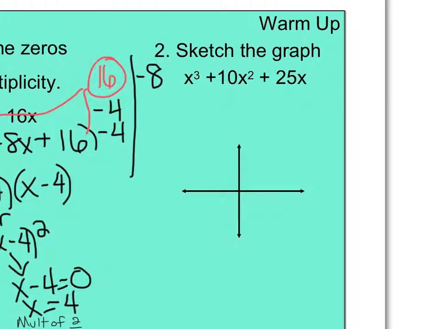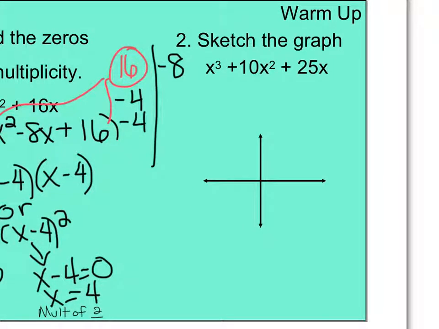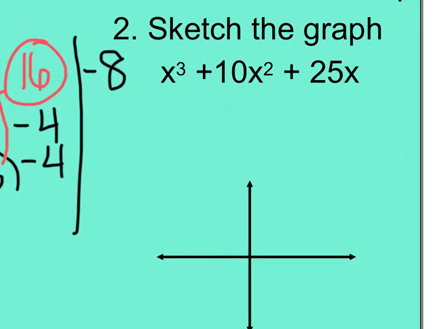Moving on to number 2, sketching the graph. We have to do the same process as in number 1, but then we actually sketch it over onto the graph. So the first thing we look for is, again, a GCF. They each have an x. So x leaves me with x squared plus 10x plus 25.